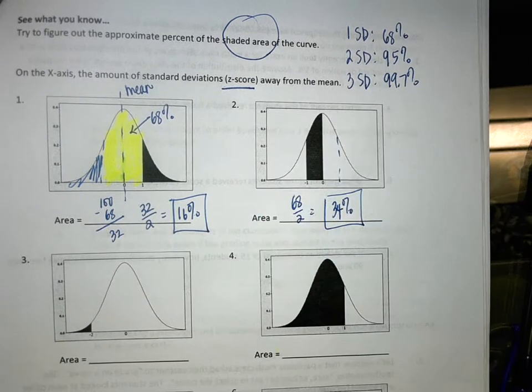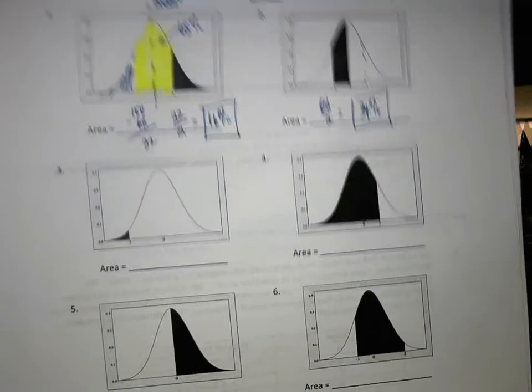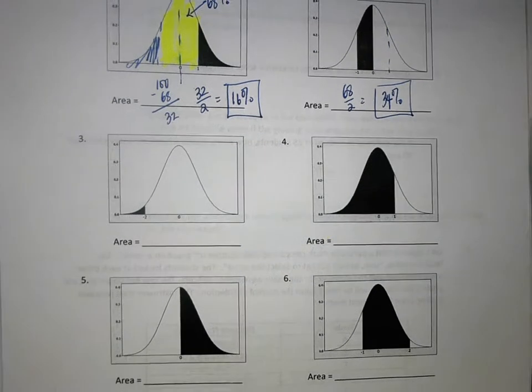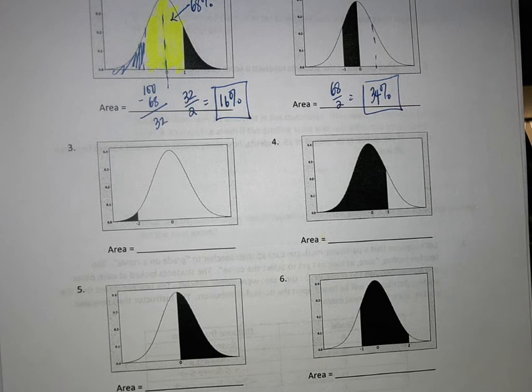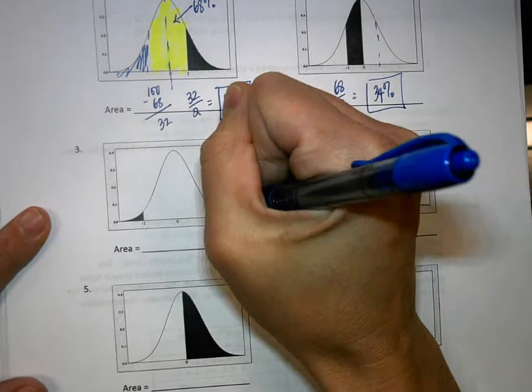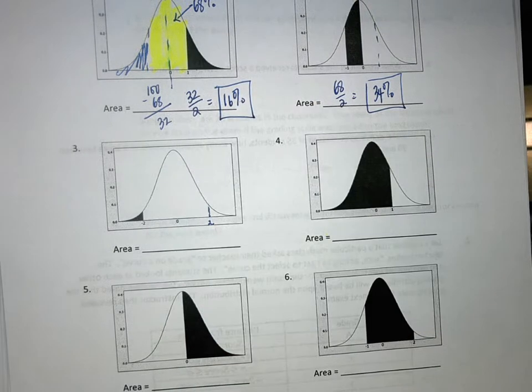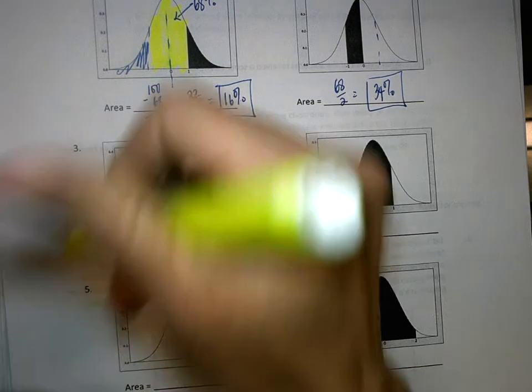Okay, now number 3. Do you see how it's going out to -2? How far is 2 standard deviations in both directions? If I'm marking this and this is my +2, how much is in this shaded area?